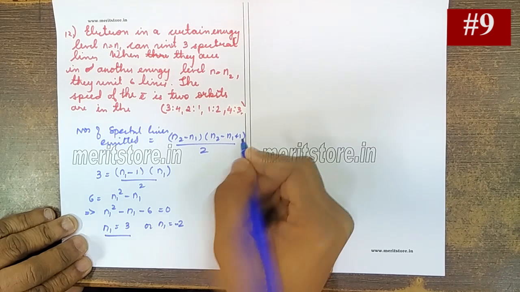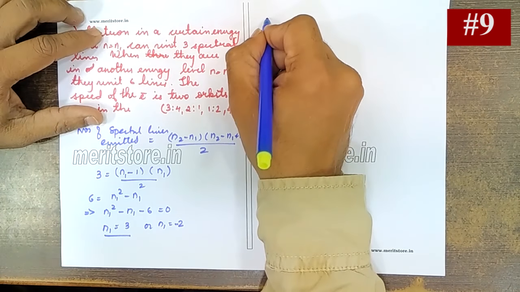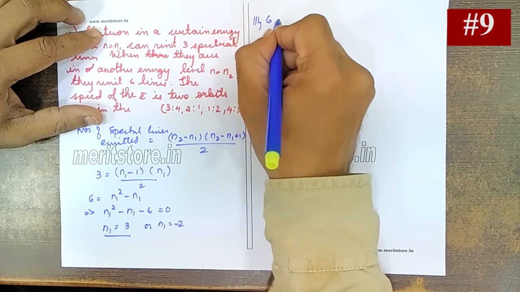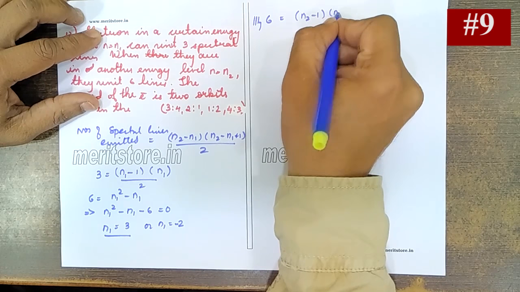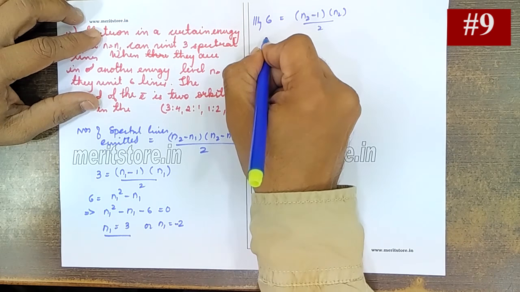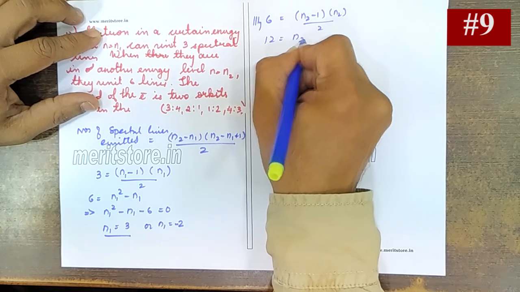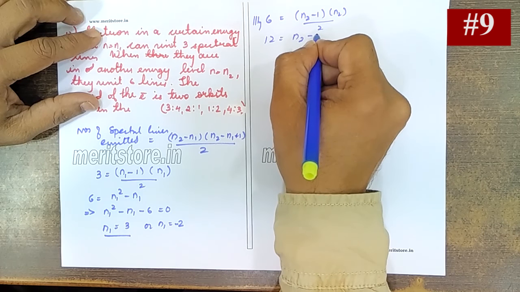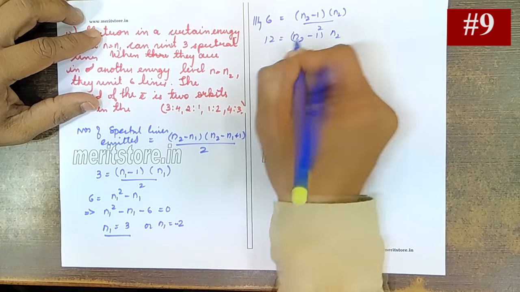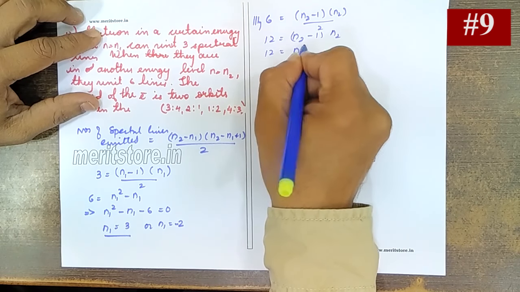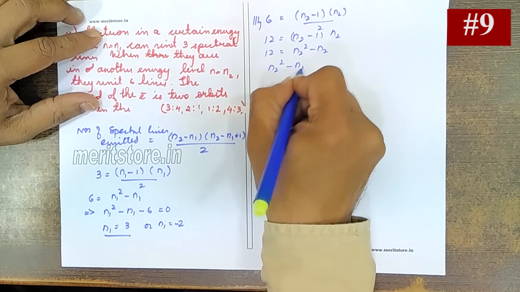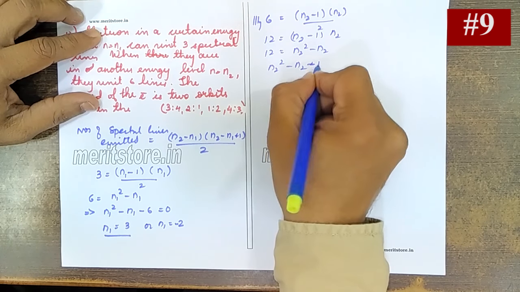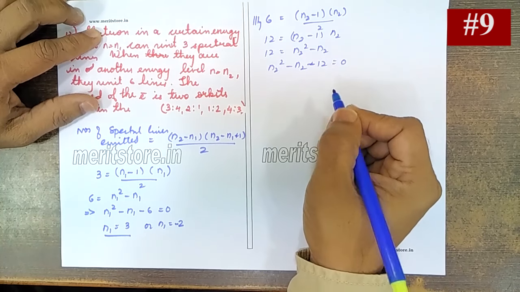Now similarly 6 is equal to n2 minus 1 into n2 upon 2. So 12 is equal to n2 minus 1 into n2. So 12 is equal to n2 squared minus n2. So n2 squared minus n2 minus 12 is equal to 0. Again this is a quadratic.